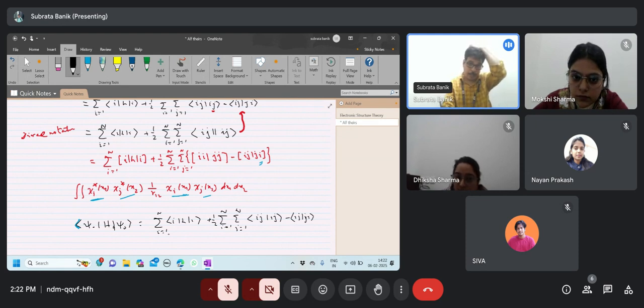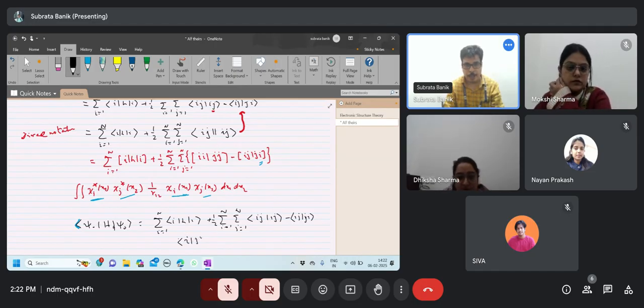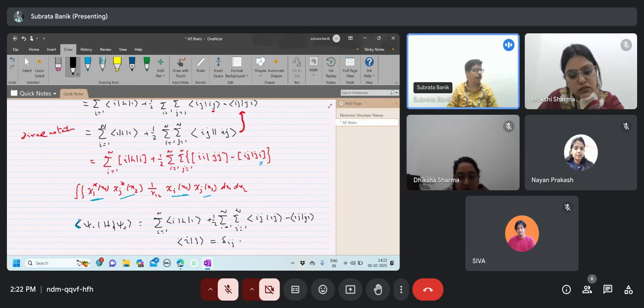But as we discussed, we cannot directly minimize this because of this constraint, which tells us that ⟨i|j⟩ follows the delta condition, and this for all i and all j.